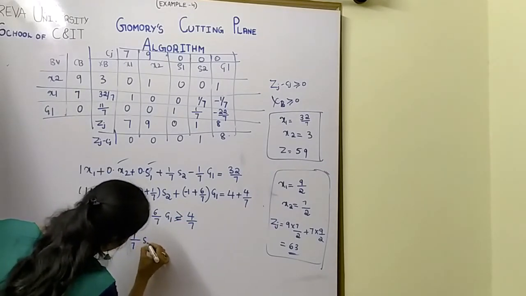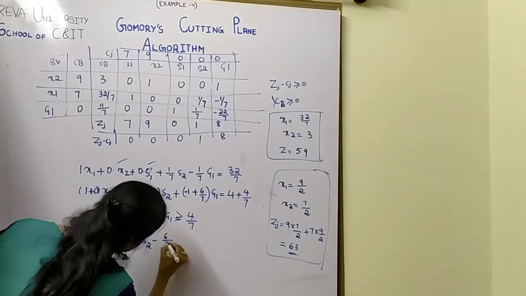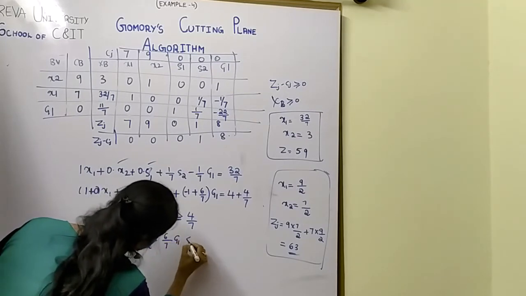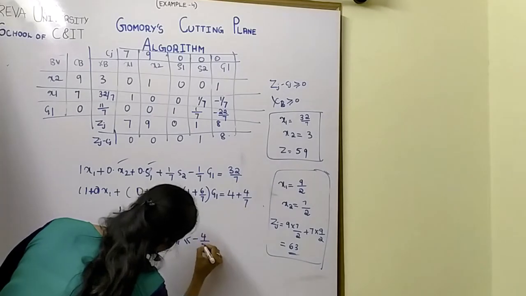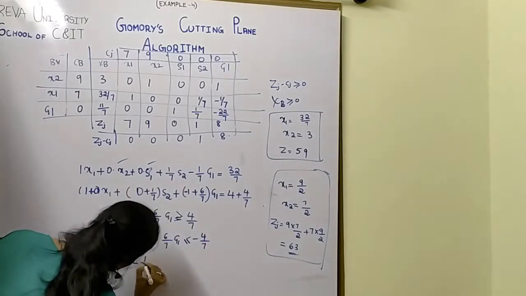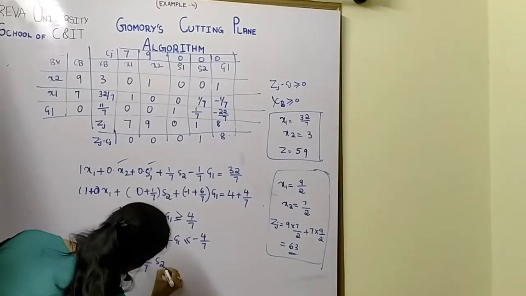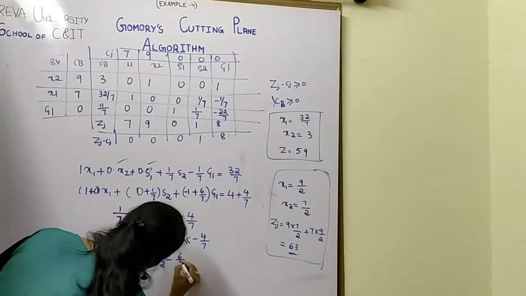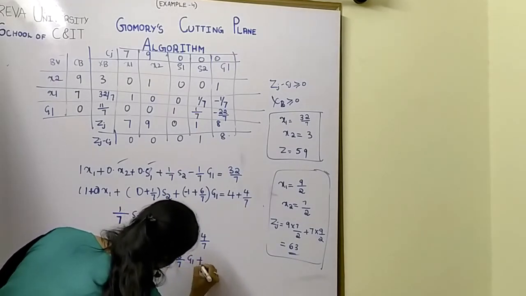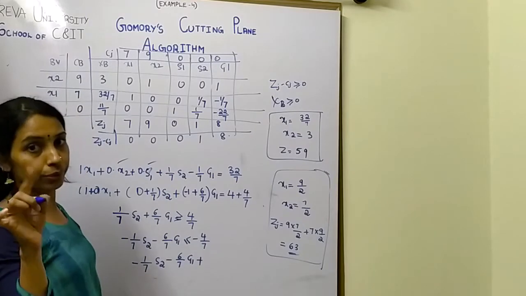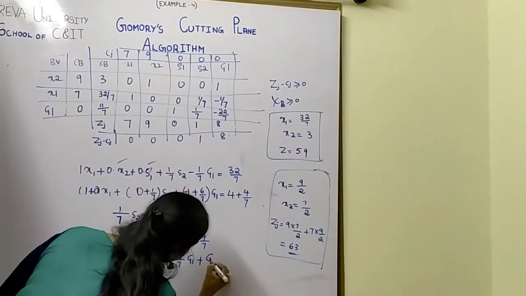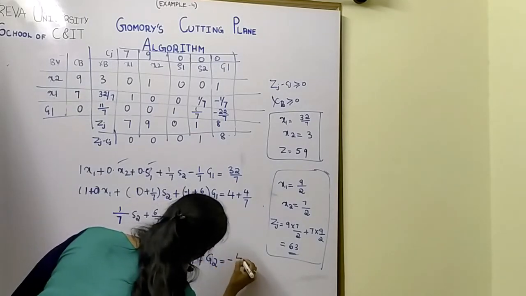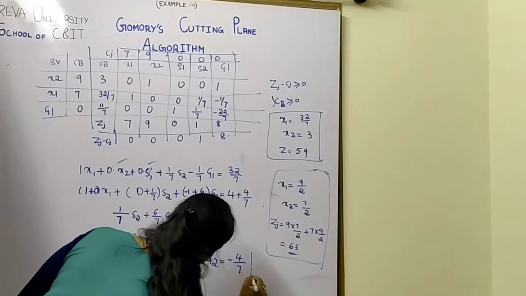Minus 1 by 7 into s2 minus 6 by 7 into g1 is less than or equal to minus 4 by 7. Minus 1 by 7 into s2 minus 6 by 7 into g1 plus the new GOMORY'S constraint g2 equal to minus 4 by 7.